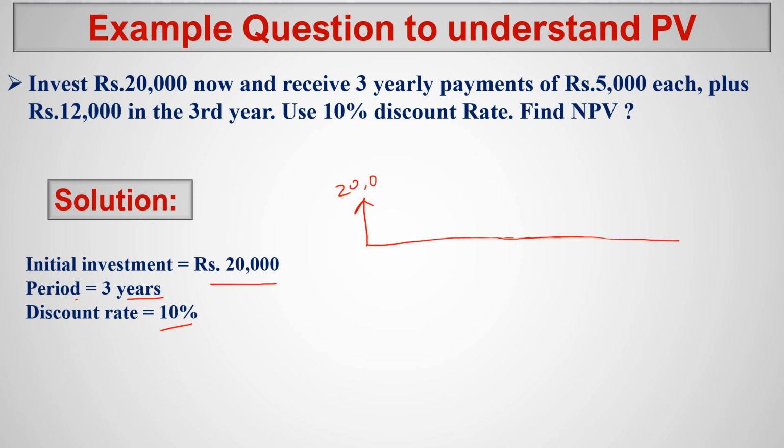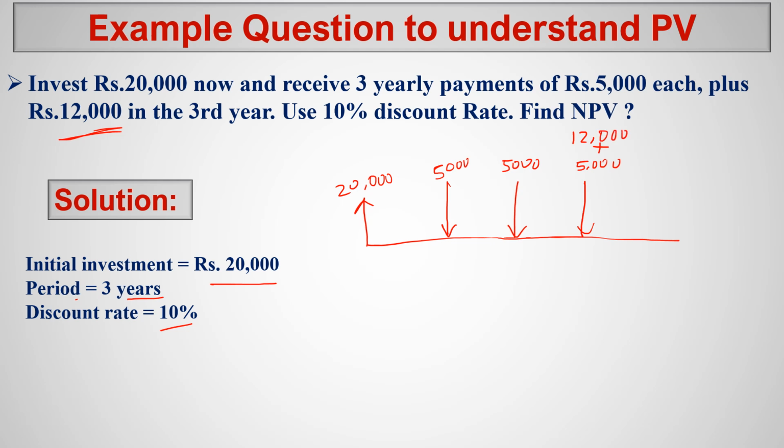We put the cash outflow on this arrow, and the cash inflows are, in each year, 5,000 rupees. Each year we are going to get 5,000, plus in the third year we are going to have another 12,000. That is the statement. So 5,000 plus 12,000 in the third year.